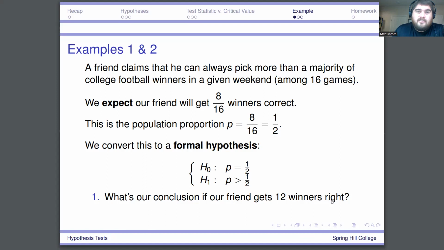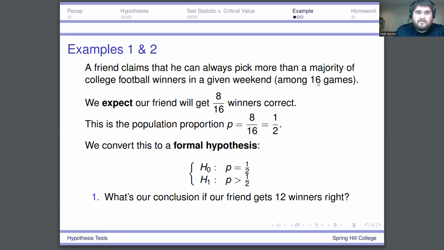Well, really all we need to do is figure out what our P hat and what our N are. We have our P here, and if we have P, we also have Q. So those are the only two things we're missing. So 12 winners right out of 16 games, that tells us 12 over 16.